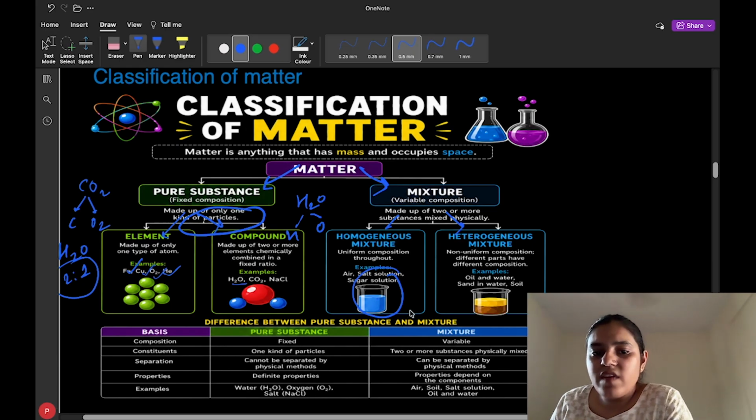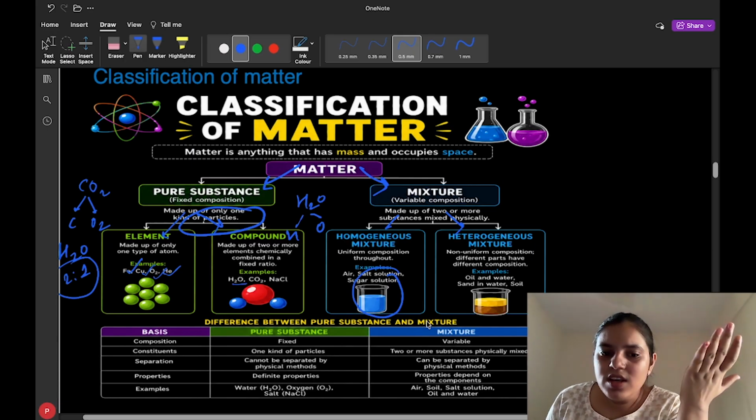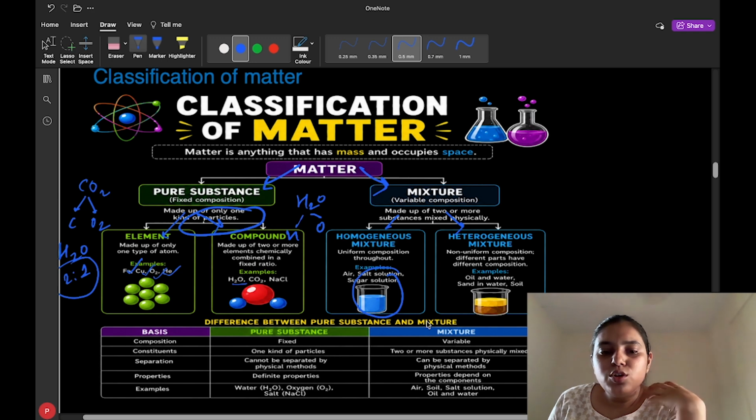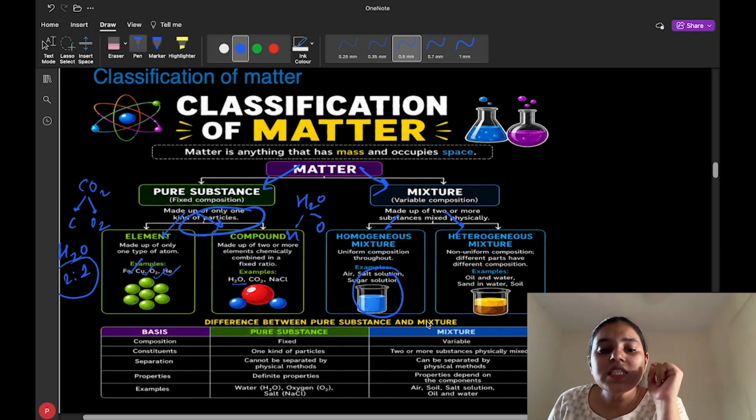That's why we call it a homogeneous mixture. In a salt solution or a sugar solution, you cannot see the salt or the sugar separately.